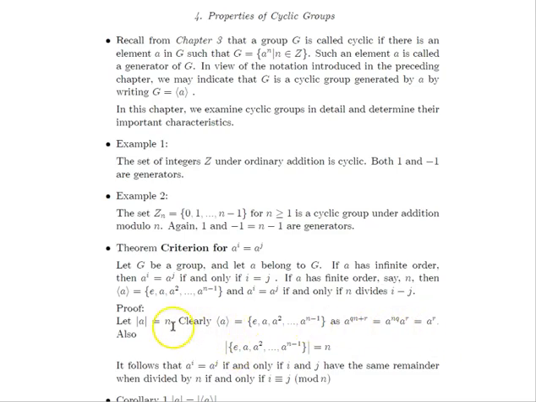So the set of all integer powers of a is just this set over here, and the number of elements in this set is n, obviously. So, from this equality, two integer powers of a are equal if and only if i and j have the same remainder when divided by n, which means that their difference is divisible by n, and also this means that i and j are congruent mod n.